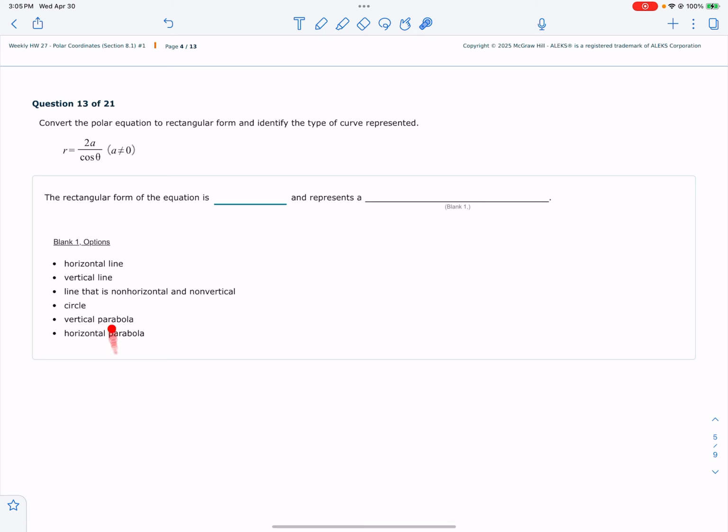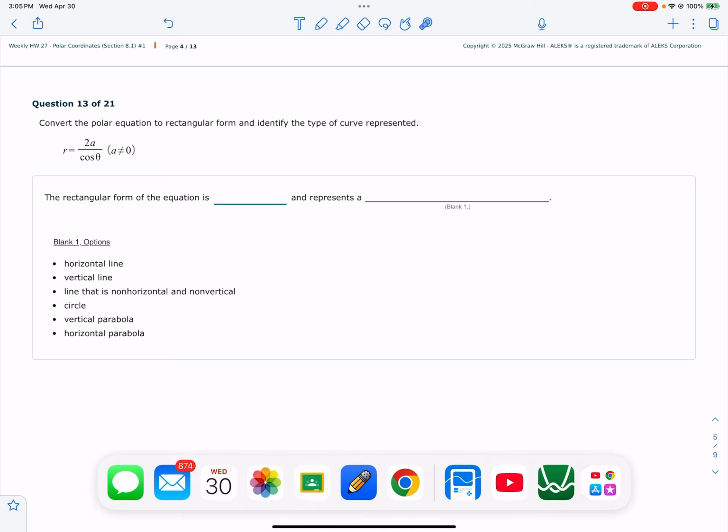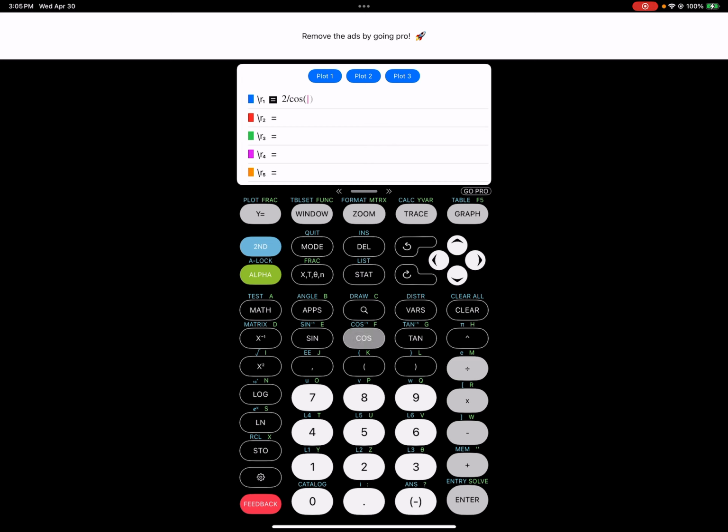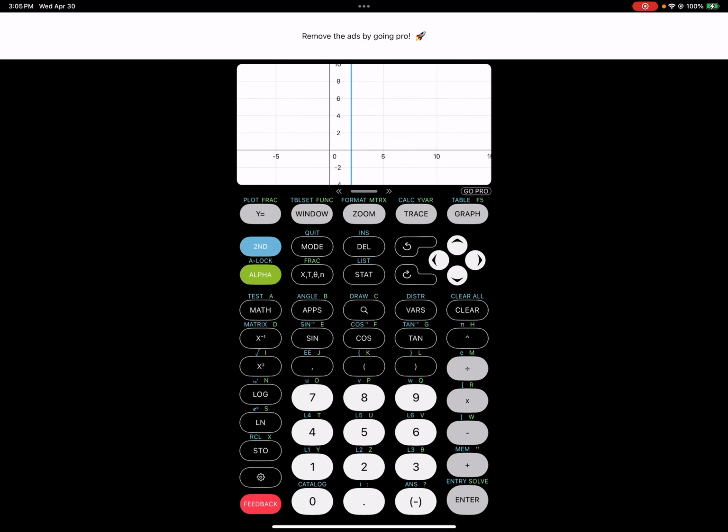I'm not really sure which of these it's going to be. Let's put a number. I mean, the number could be 1, which would make it just 2 over cosine. So I think it's going to be a circle. No. Vertical line. 2 divided by cosine theta. Vertical line.